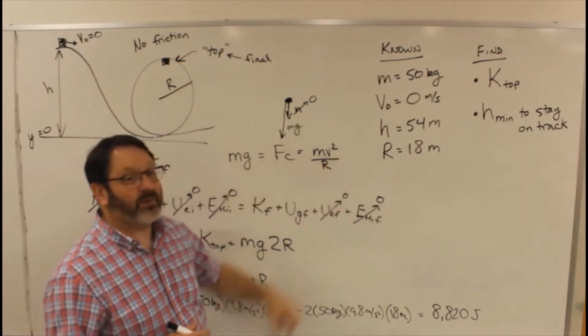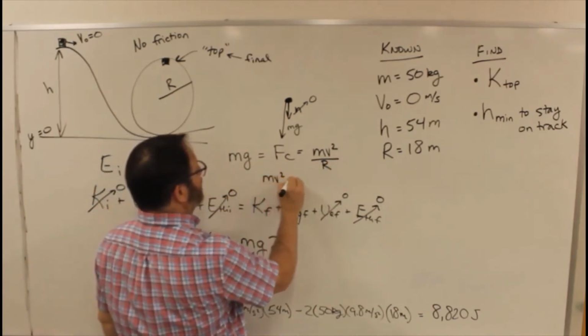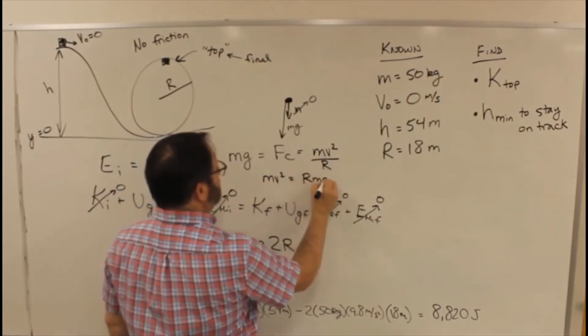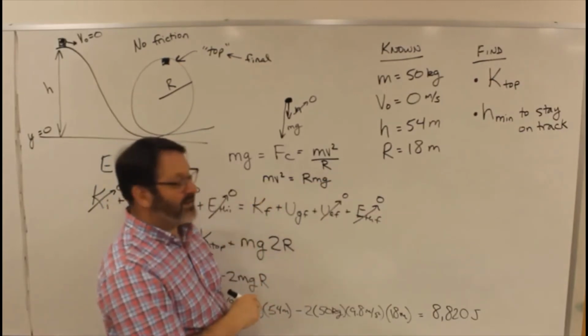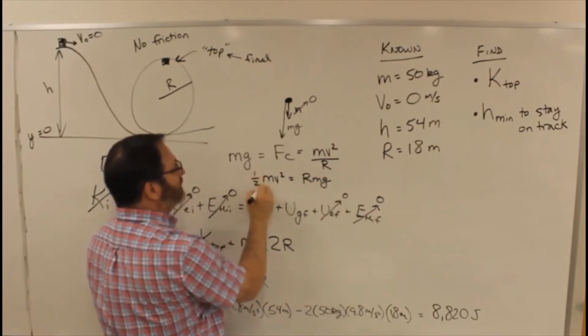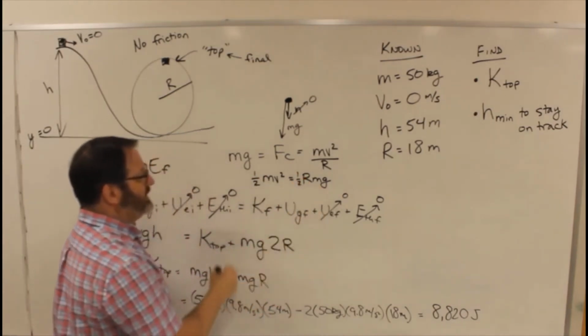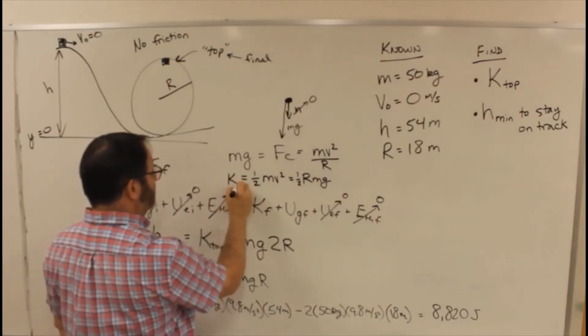We can use that to find out what the v has to be. Actually, we can use it to find what mv squared has to be. So mv squared has to be equal to r mg. I left it mv squared altogether because that means 1/2 mv squared has to be 1/2 r mg, which is what K at the top will have to be.